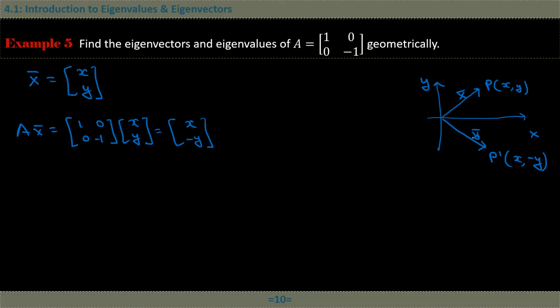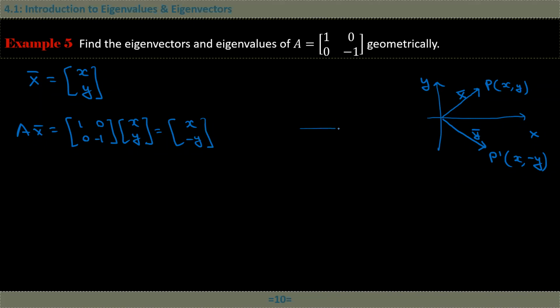And vector y is not a scalar multiple of this x, right? The only condition for A to transform this x into another parallel vector is that the terminal point, or this x, must be lying on the y-axis.